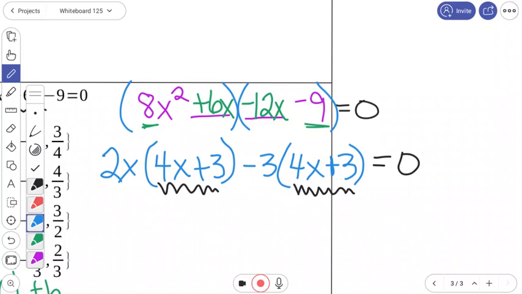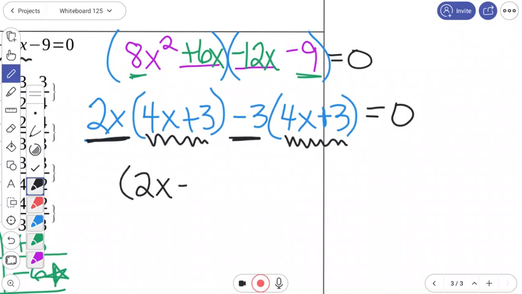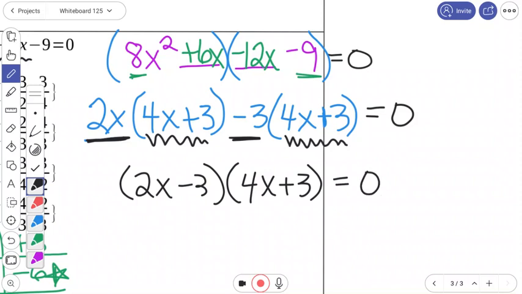If there's even one sign that doesn't match up, the factoring doesn't work. Fortunately, ours match up. So we know both 2x and our minus 3 are both being multiplied by 4x plus 3. And of course, they're going to equal 0.